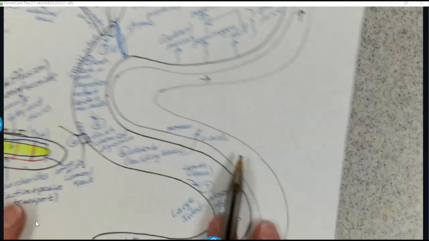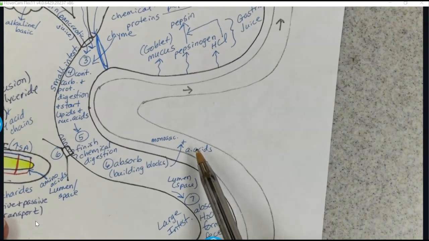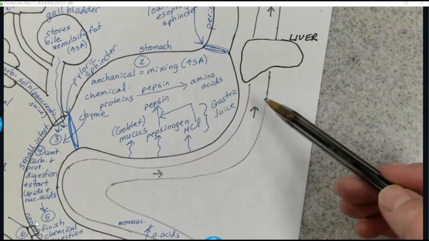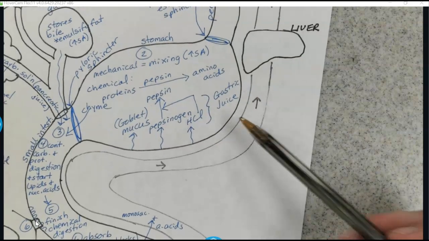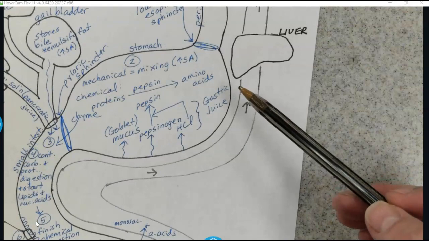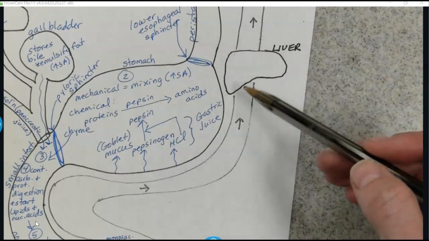The last piece is, once these things have absorbed into the blood and we have all of our sugars and whatnot, keep in mind that as all of these nutrients are heading back up to the heart, remember, in a circulatory system, blood would come out to the digestive system as oxygenated, and it's going to come back deoxygenated to the heart, but it's going to go through the hepatic portal vein in order to do that.